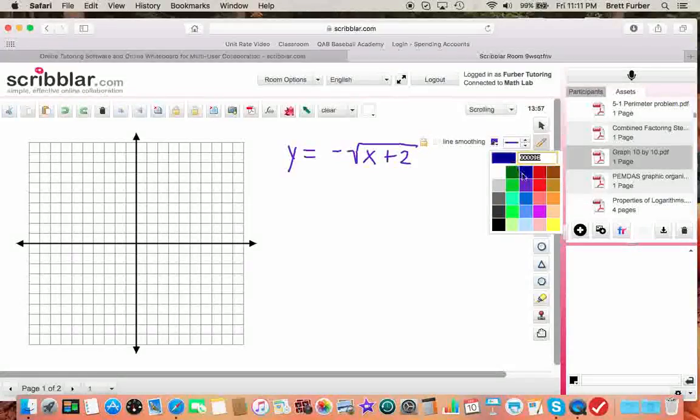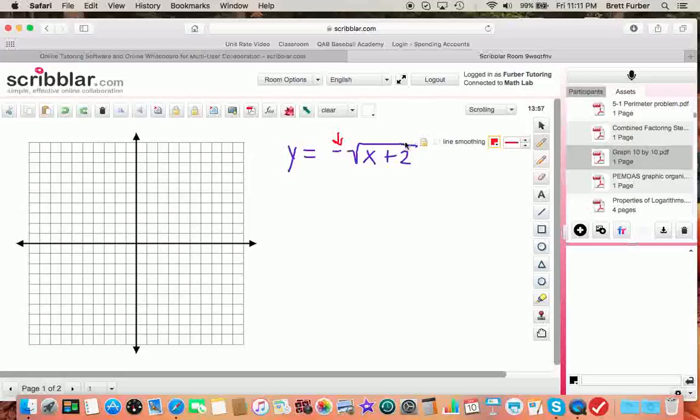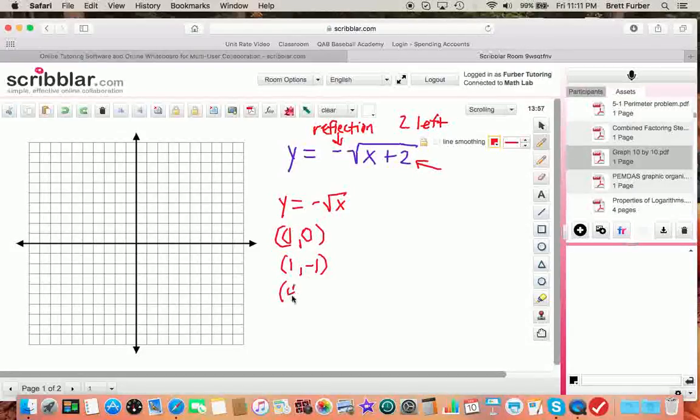So again, you still see we have this reflection and we have a horizontal shift, and that horizontal shift is to the left. And then of course this is the reflection. So again, remember what the original reflection of the parent function was, okay? 0, 0, 1, negative 1, 4, negative 2, 9, negative 3.